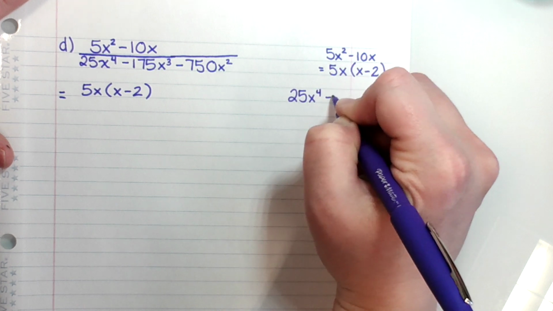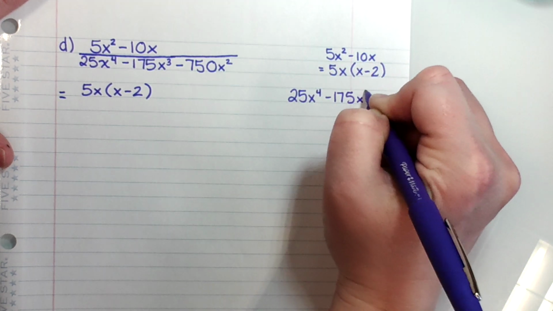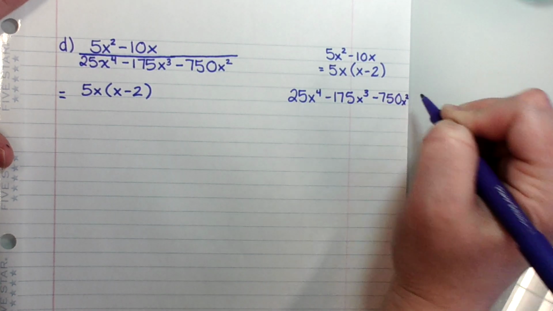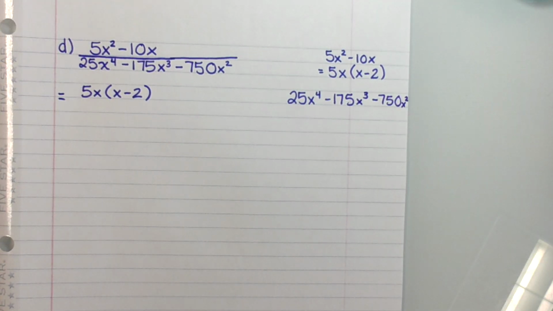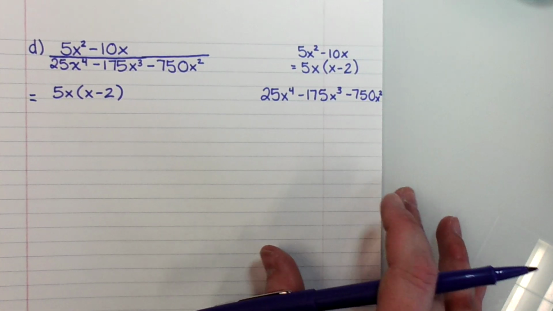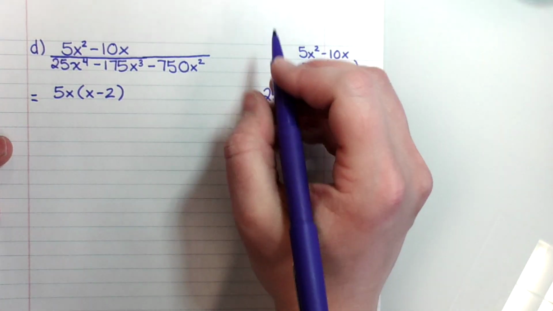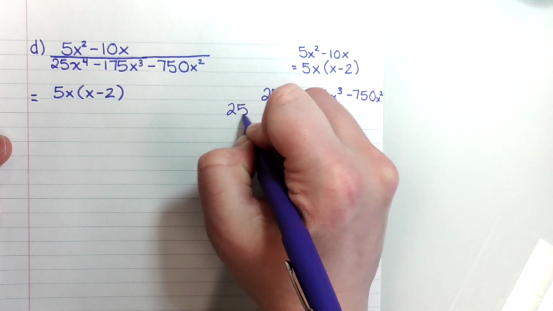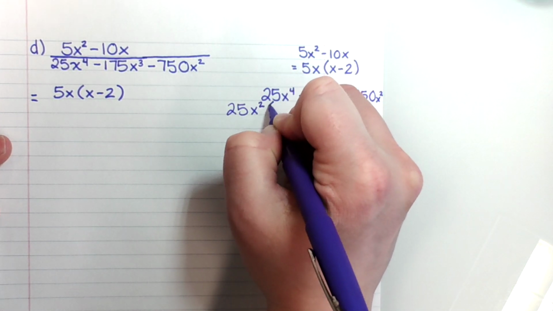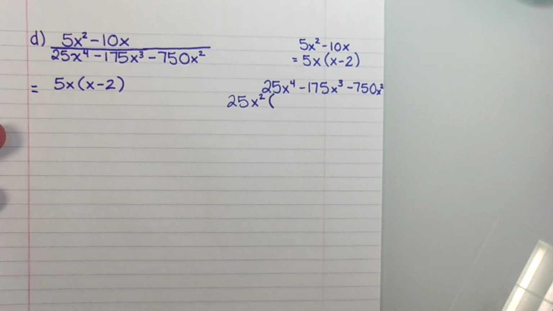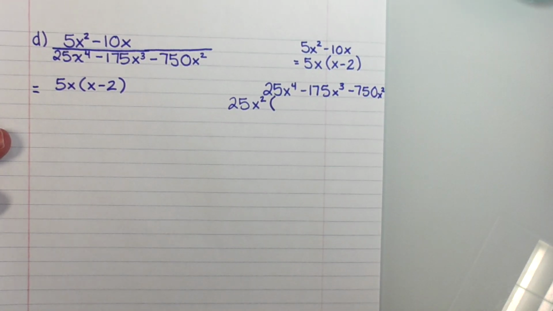Okay, the bottom looks a little more complex. 25x to the fourth minus 175x cubed minus 750x squared. Okay. Greatest common factor. 25x squared. All of those divide by 25, and yes, x squared. What am I left with?